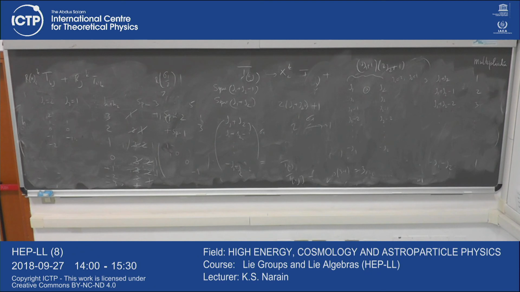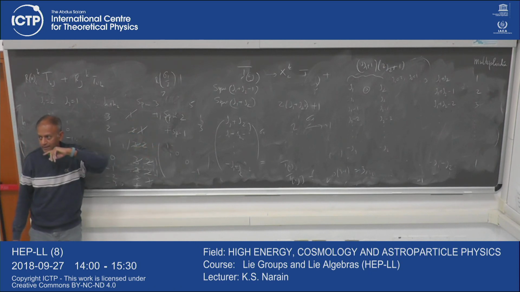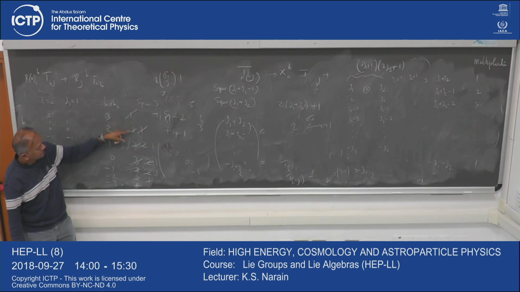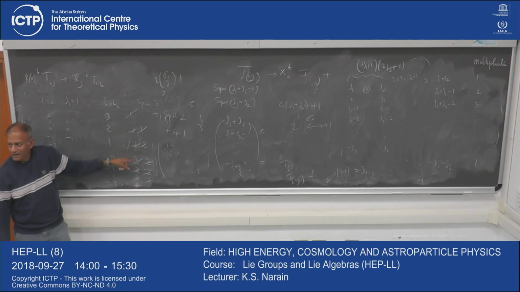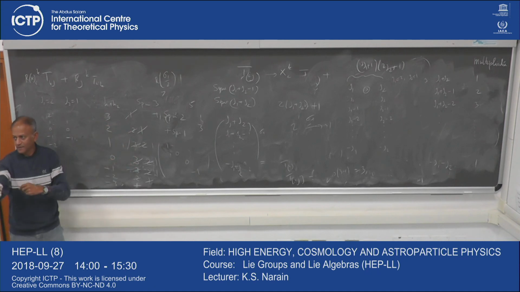At least for SU2, it always comes with this structure. If I take only 2 products, I mean, if you have a product of 3 representations, then it's different. But if I just say spin J1 times spin J2, then it always appears once only, because the structure is always like that. Multiplicity increases by 1 unit, not by 2 units.